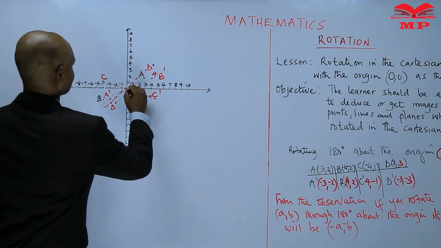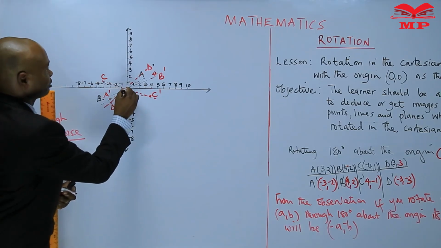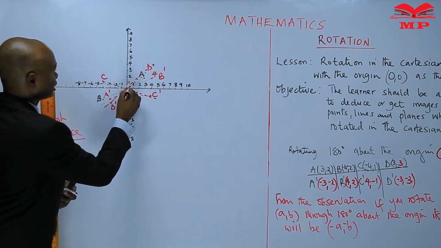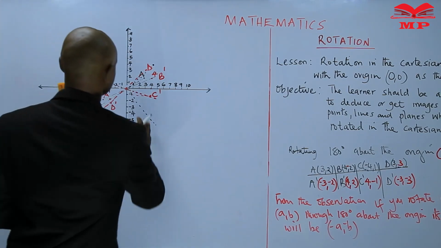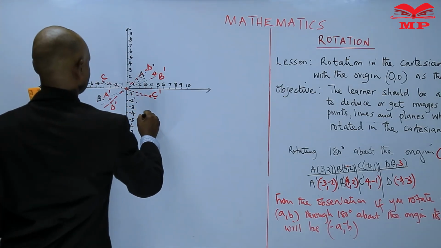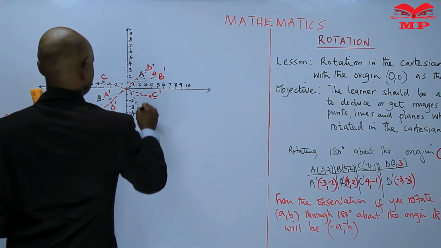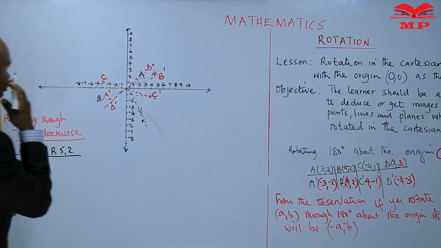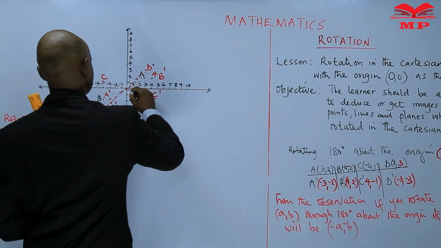If you join 4, 4 to the center, rotating through 90 degrees, you'll actually have a right angle here.